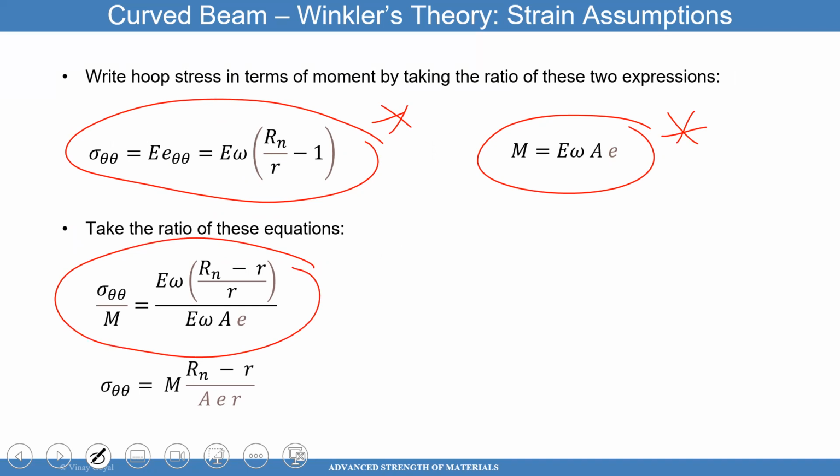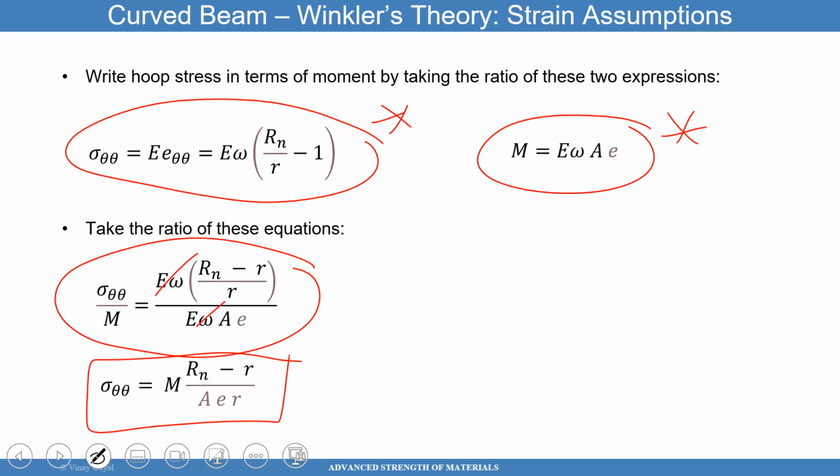Because if I divide those two equations, I get rid of E omega, and I get this simple equation that does not depend on modulus, and it does not depend on omega, which was kind of painful because remember you had this delta phi earlier and this delta theta? I don't have to worry about that anymore, because omega was delta phi divided by delta theta. I don't need to know what that is anymore.